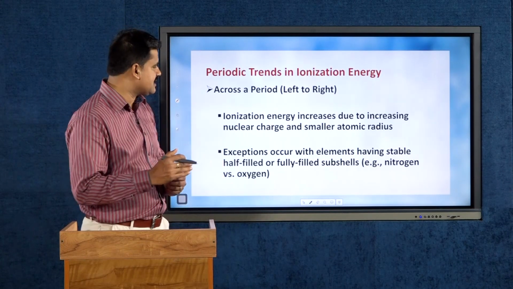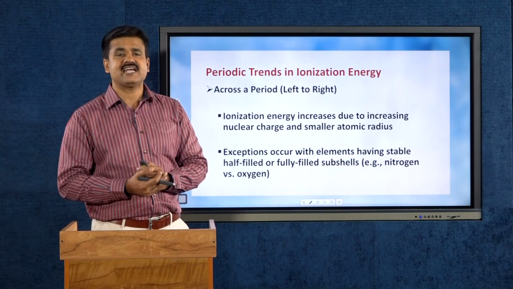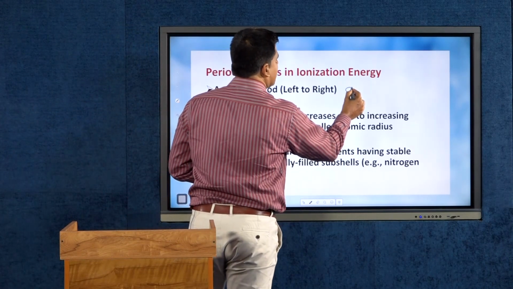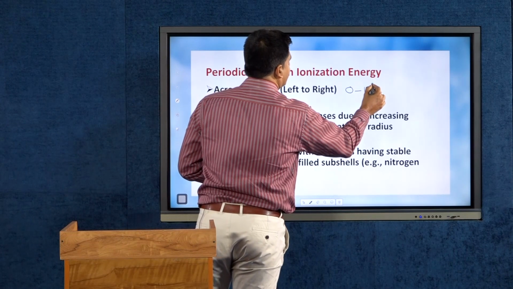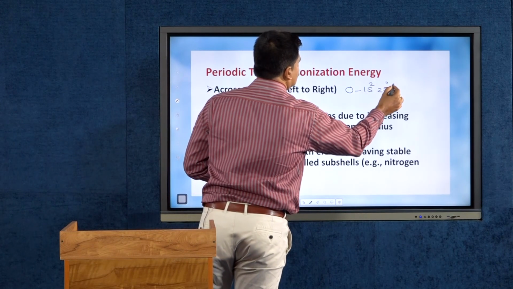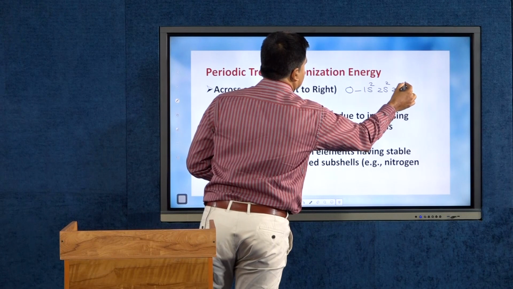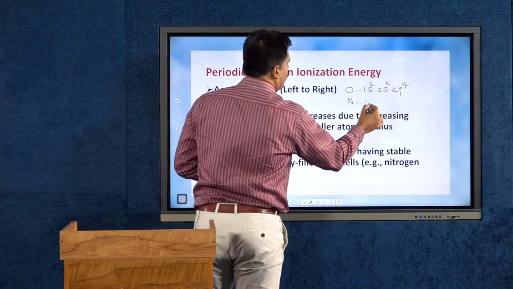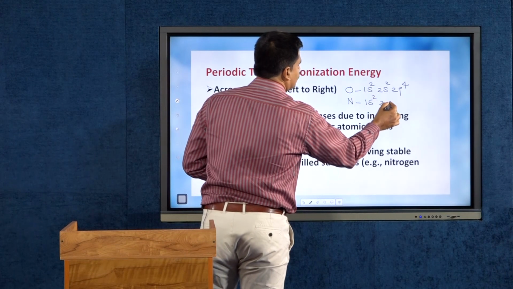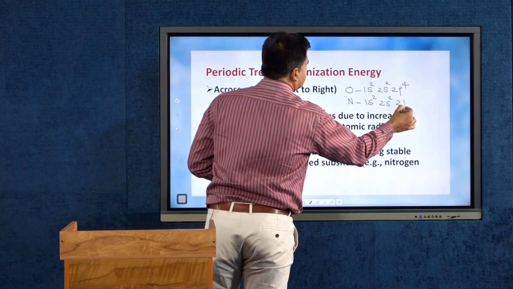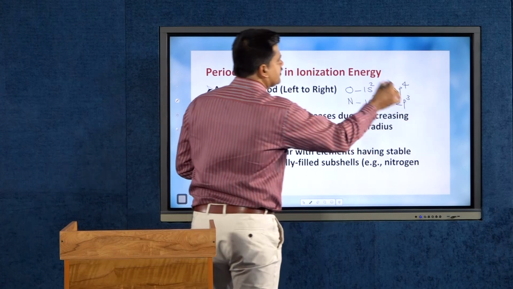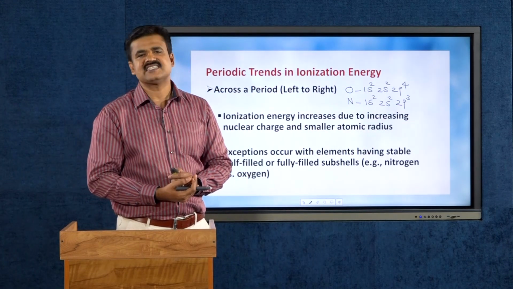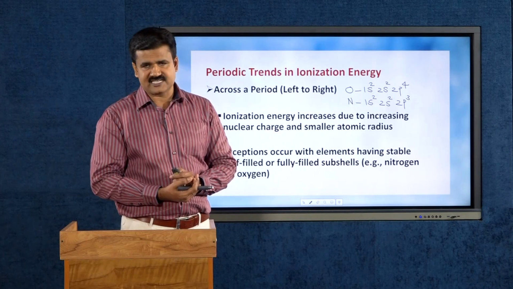And now let us take the electronic arrangement of nitrogen and oxygen. You know, oxygen has an electronic configuration 1s2, 2s2, 2p4. Whereas nitrogen atom has an electronic configuration 1s2, 2s2, 2p3. This 2p3 arrangement is a stable electronic arrangement since it is half-filled configuration.